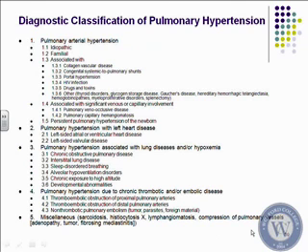Pulmonary arterial hypertension can be idiopathic, familial, or associated with collagen vascular disorders, or also associated with significant venous or capillary involvement. Pulmonary hypertension with left ventricular heart disease is basically left-sided atrial or ventricular heart disease eventually causing pulmonary hypertension. That is basically CHF.